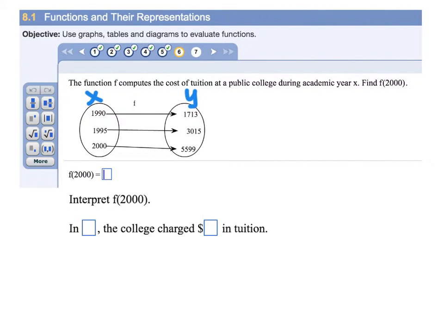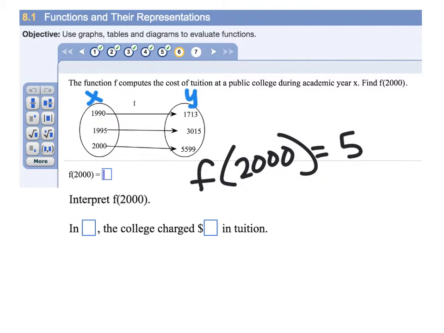And so it says find f of 2000. Well, here's 2000. So f of 2000 is equal to 55.99. And what the heck does that mean?